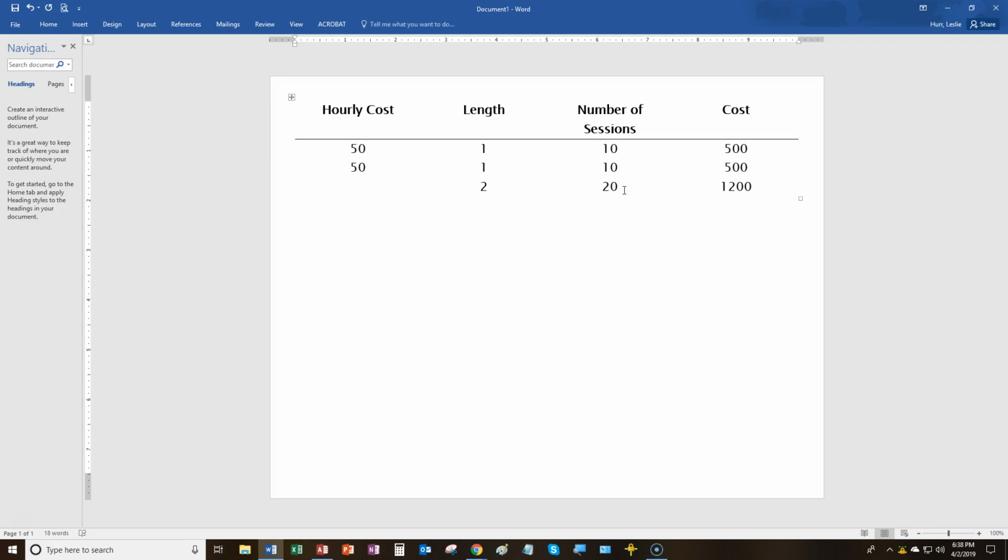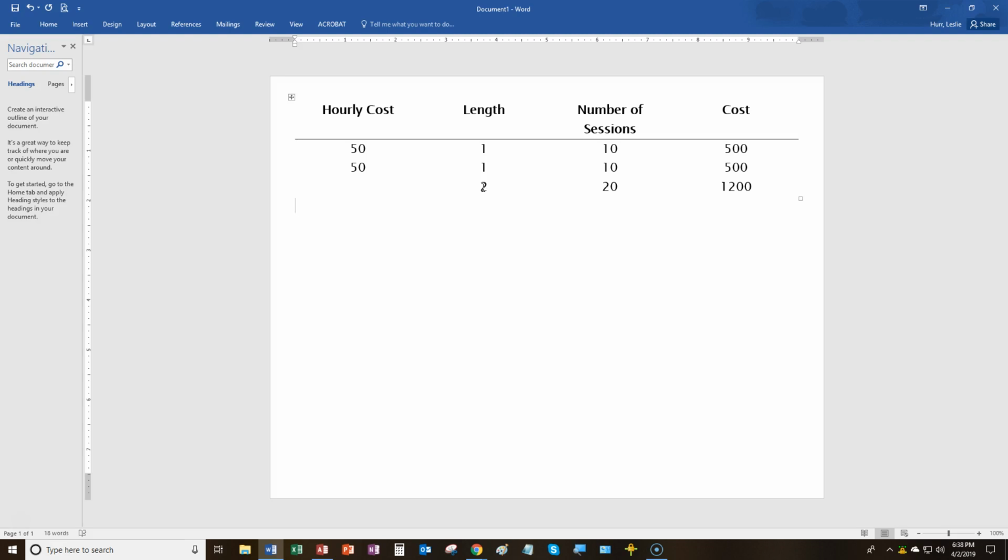Well, this number times these will get you the cost, but we don't know what this number is. So you have to do the opposite, which is divide instead of multiply.